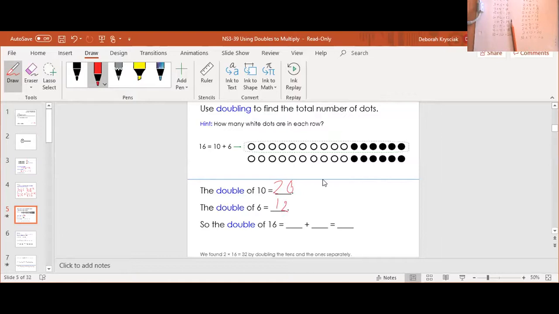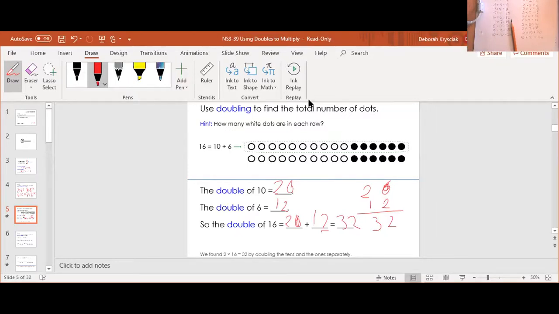So the double of 16 would be 20 plus 12. 0 plus 2 is 2. 2 plus 1 is 3. So the answer is 32.